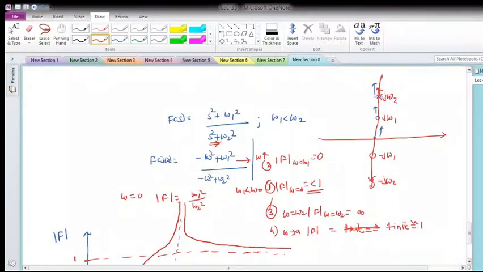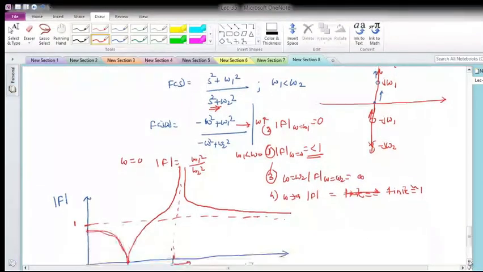When omega is infinity, everything is 90 degrees: from the zeros 90, 90, making 180 degrees, and from the poles 90, 90, making 180 degrees, so the angle will be 0 degrees.